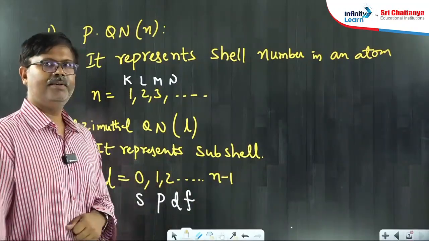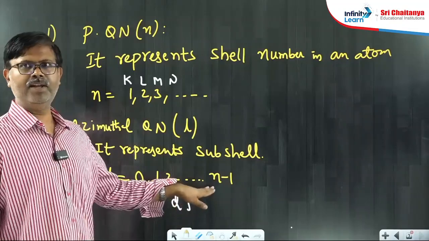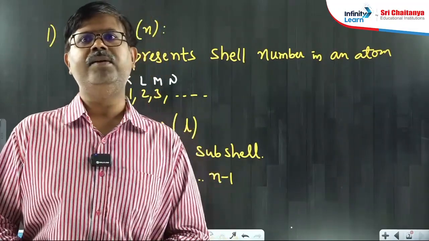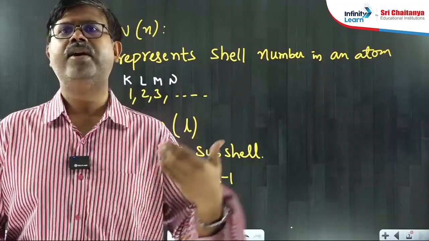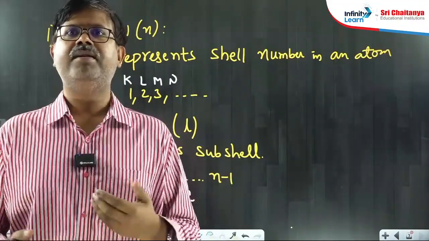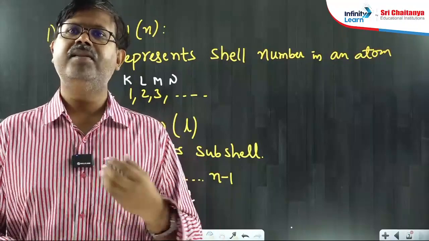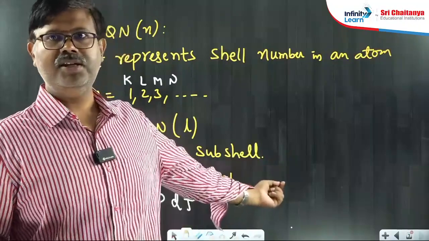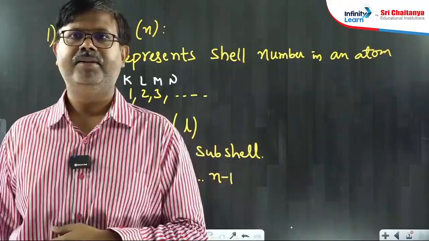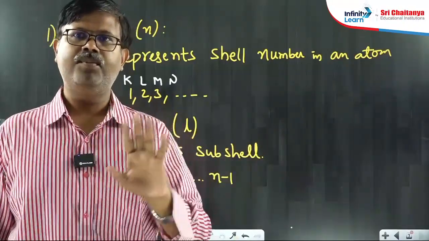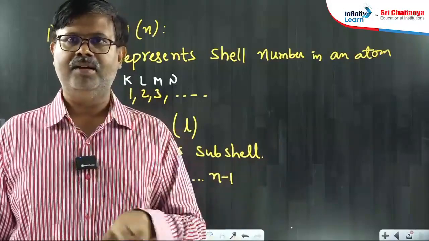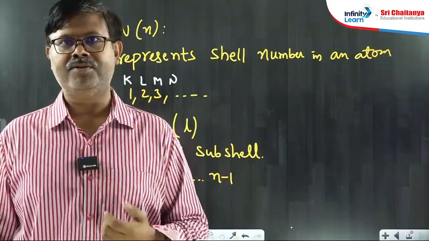So far, among the 118 elements in the periodic table, no element has a subshell beyond f. If new elements are discovered in future which demand higher subshells, we will take the next ones, g, h, like that. Presently only s, p, d, f subshells are available.